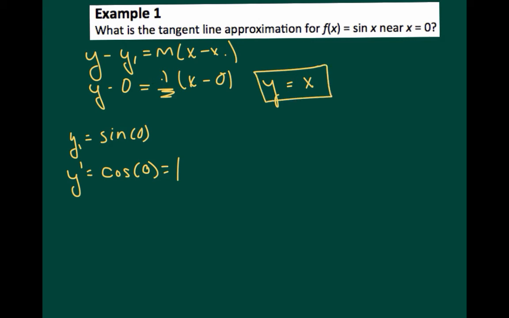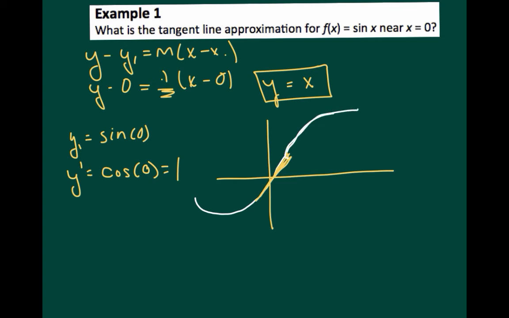And sure enough, if you zoom in on a calculator, you'll recall that the sine curve comes up through 0, and if you zoomed in close enough, that would look like the line y equals x for a short period. Now obviously, sine starts to curve, whereas our line y equals x would keep on going straight.